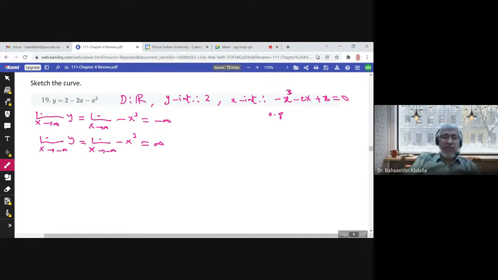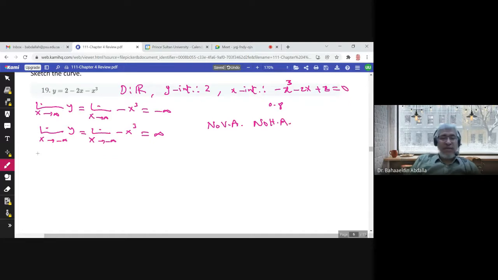Of course, no vertical asymptotes, no horizontal asymptotes. What about the symmetry? Let us find f of negative x. It would be 2 minus 2 times negative x minus negative x cubed. So it's 2 plus 2x, and negative x cubed would be negative x cubed.